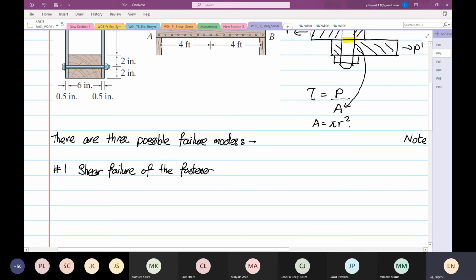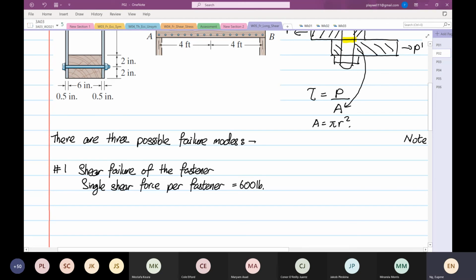So we are given the property of single shear. Single shear force for a fastener will be equal to 600 pounds.